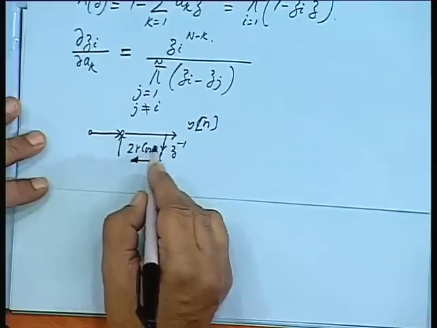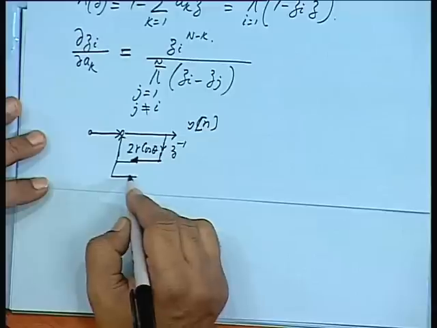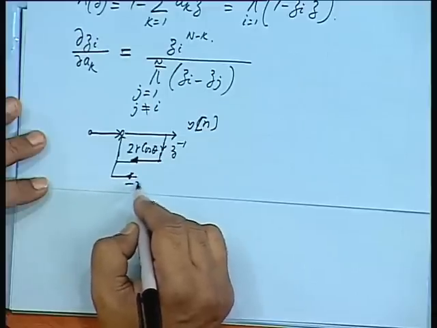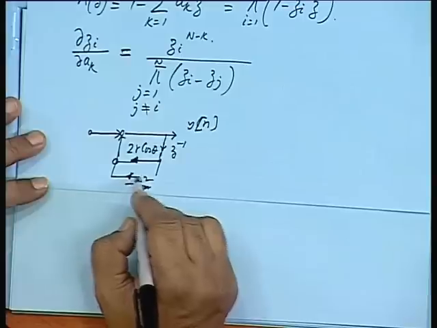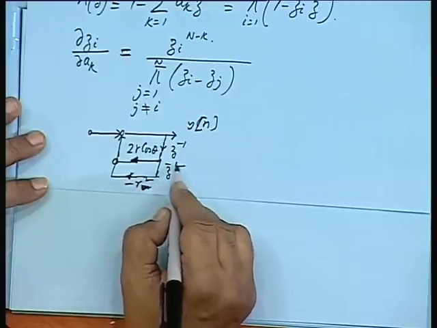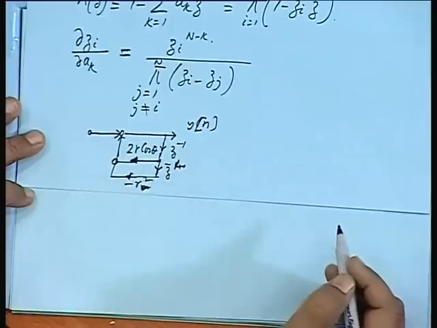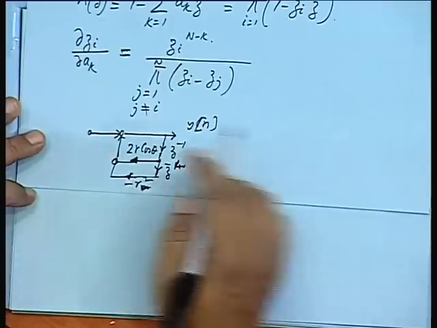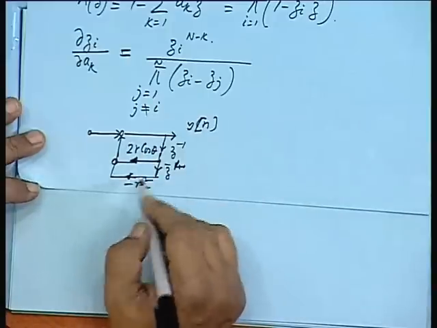Suppose the roots are complex, with coefficients minus 2r cos theta and r square z to the power minus 1. For this, what are the possible values of the roots?